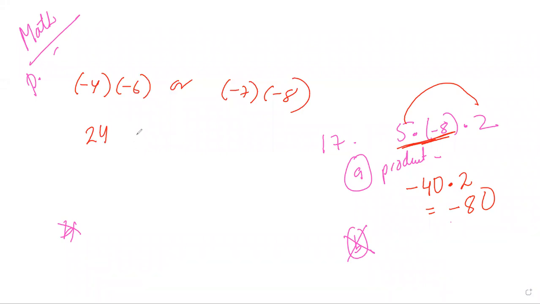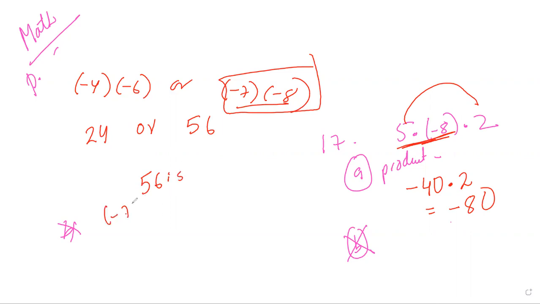Okay, next. 7 times 8 is? What is the sign? So which one is greater? This one is greater. So you write 56 is greater, or you write minus 7 times minus 8 is greater.